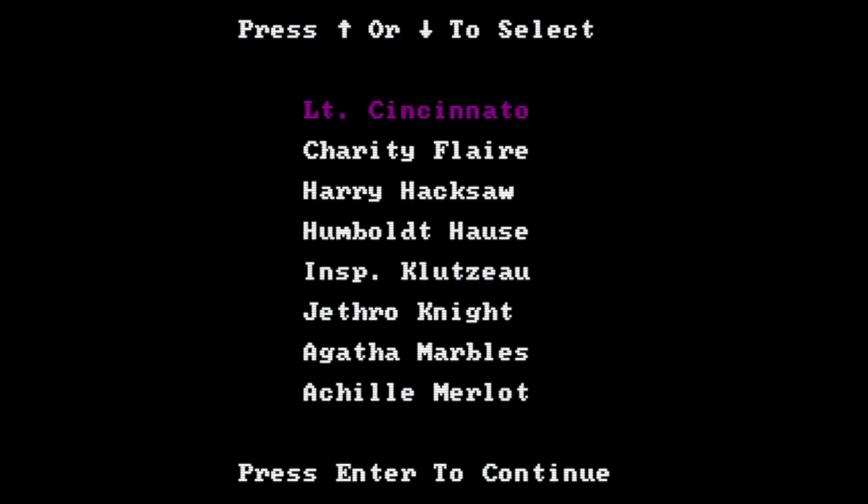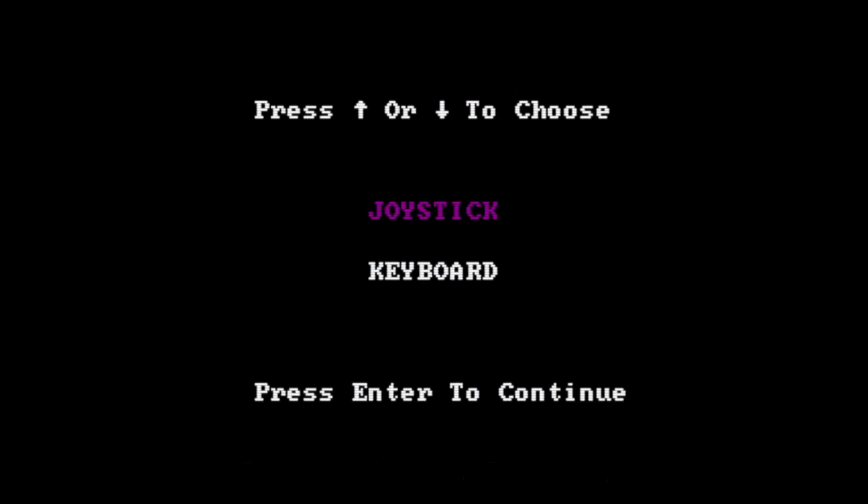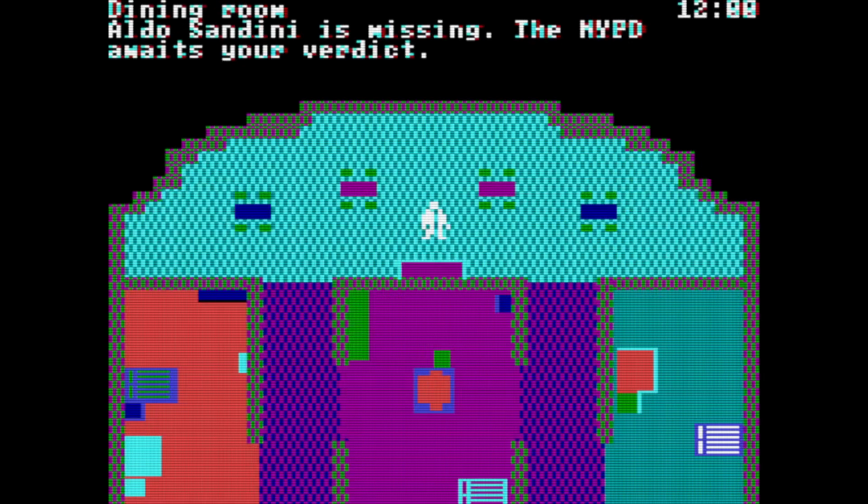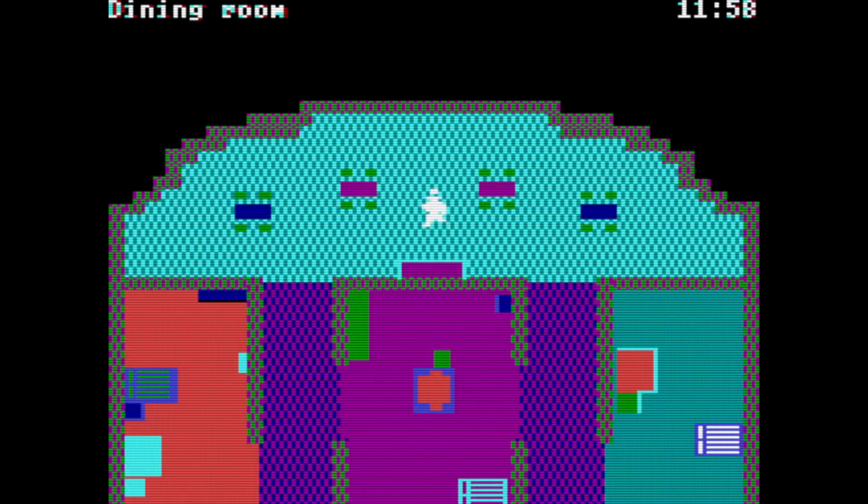Okay, so this is the list of people you can choose from as inspectors. So I'll just pick the first one and keyboard. So you can move around with the keys, and it has some sound effects.